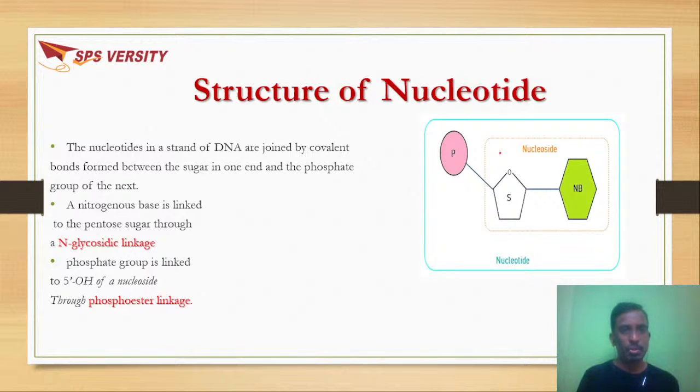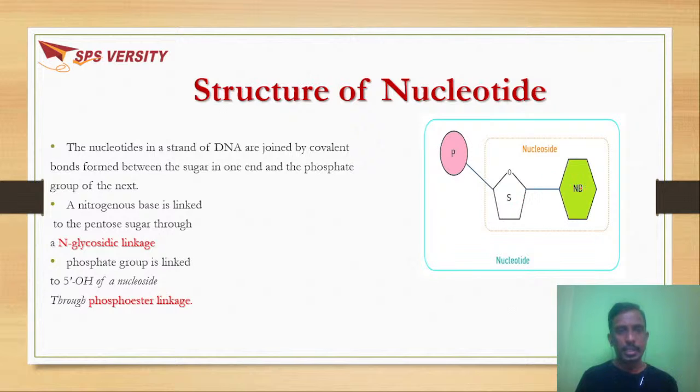So in the formation of a nucleotide, if you take the structure of a nucleotide, what you are seeing is a nucleotide. This is a nitrogen base, this is a pentose sugar, and this is a phosphate.